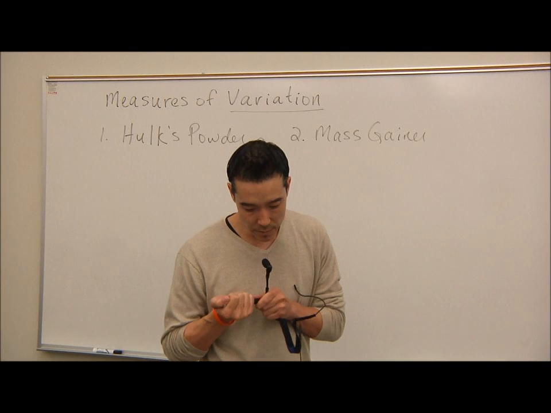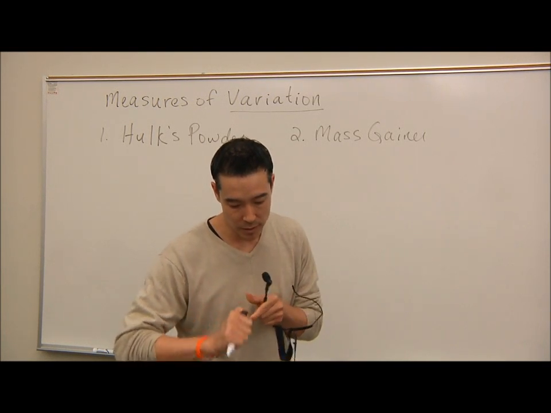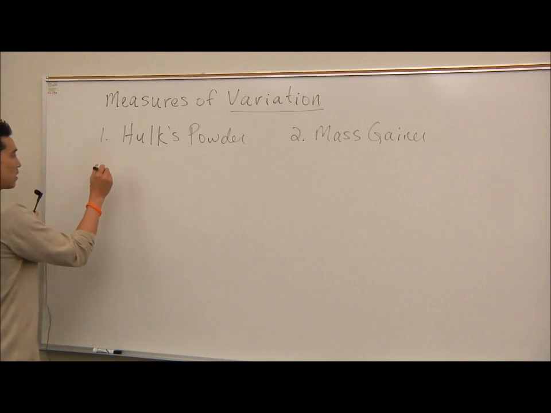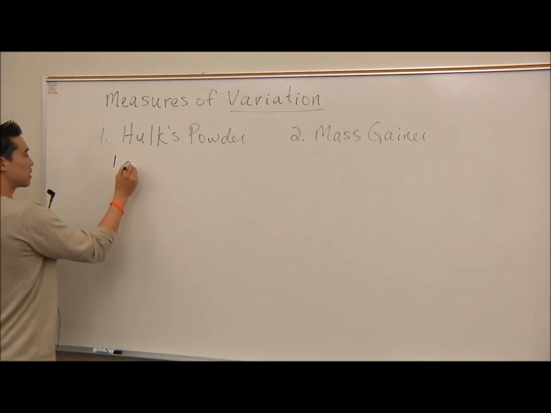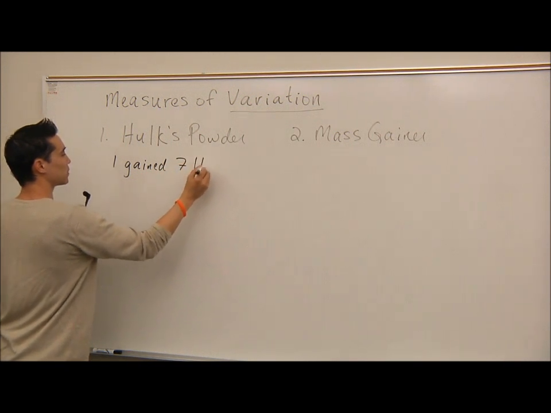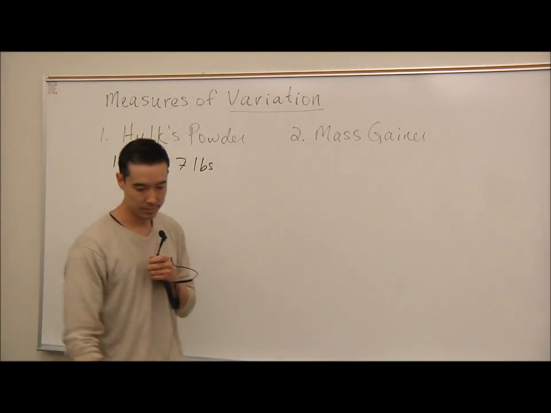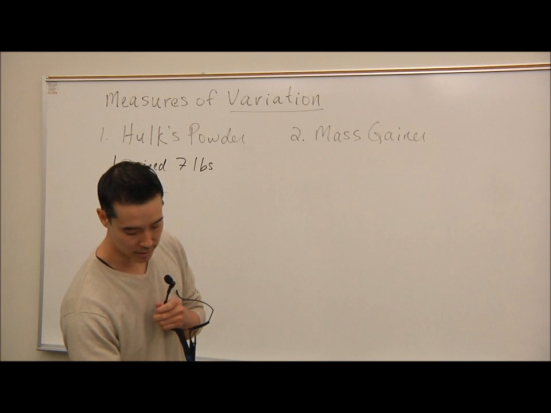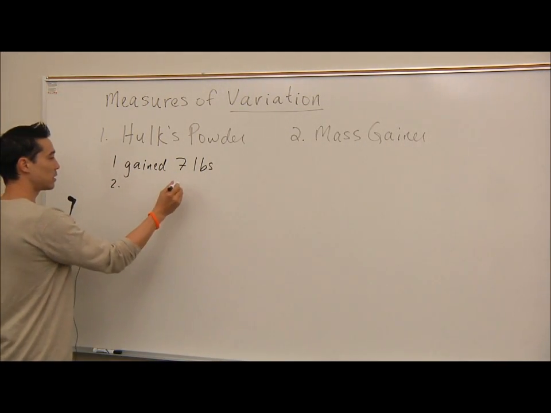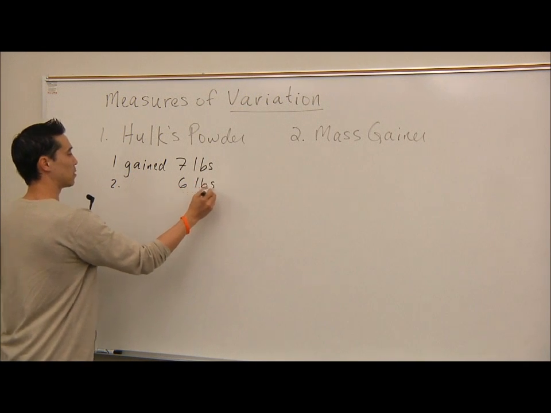We have 5 people that use the Hulk's powder, and this is what happened with those 5 people, okay? So 5 people for Hulk's powder. The first person gained 7 pounds of muscle mass. Second person was 6 pounds, third person was 5 pounds. So person number 2, 6 pounds.